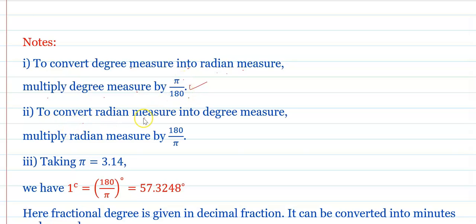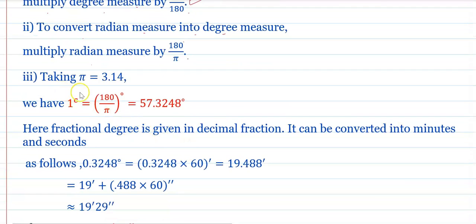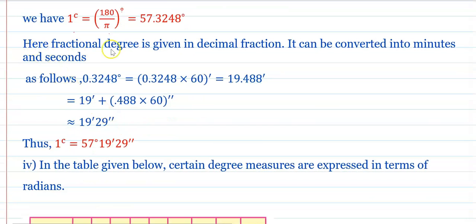And to convert radian measure into degree measure, we have to multiply the radian by 180 upon pi. Okay. Taking the value of pi as 3.14, 1 radian is equal to 180 upon pi degrees and that is equal to 57.3248.